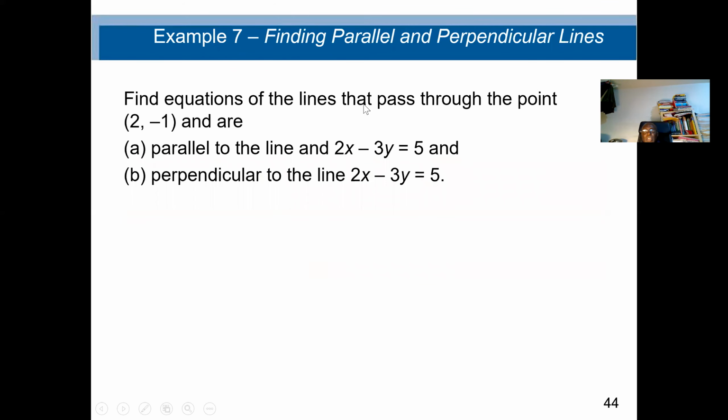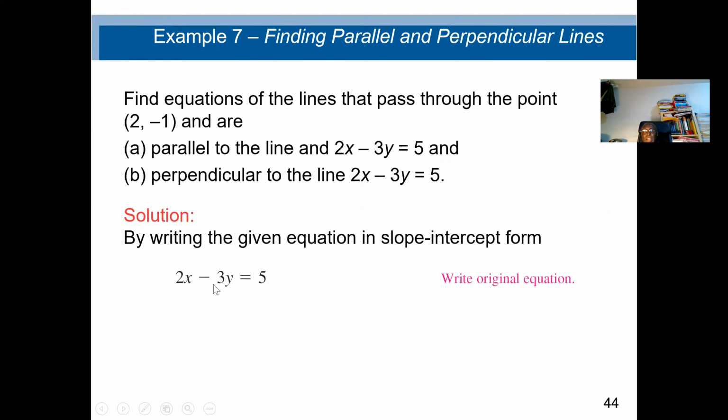So find the equation of the line that passes through this point and is parallel to the line. Now, when they say it is parallel, they didn't give us the slope. But since it's parallel to this line, I'm going to use this equation to find the slope first. So we write 2x - 3y = 5. Our goal is to change it to slope-intercept form.